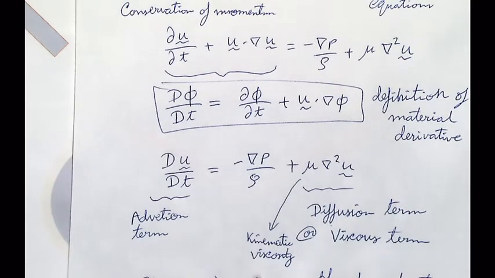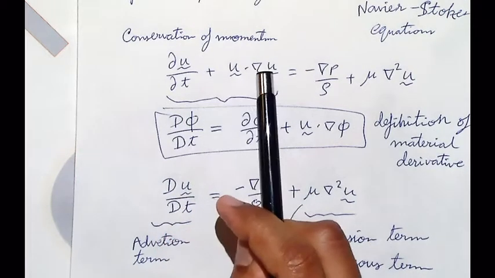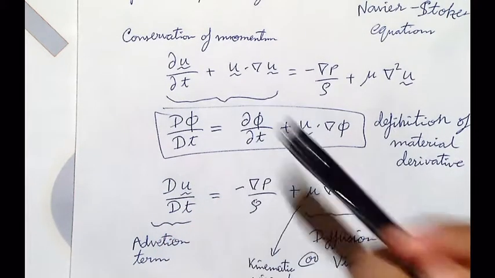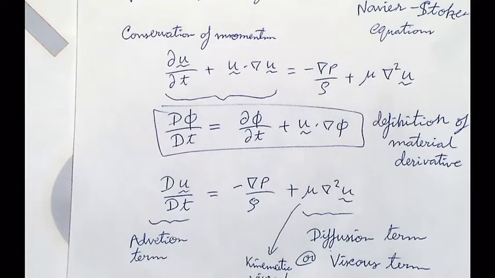And you will already notice here that this u is u itself. So it's a nonlinear PDE. So solving nonlinear PDEs is a big challenge, and that's why there's no analytical solution to this yet.